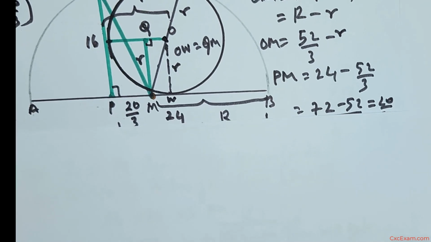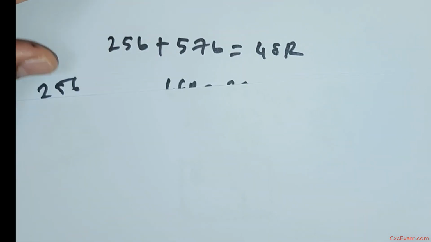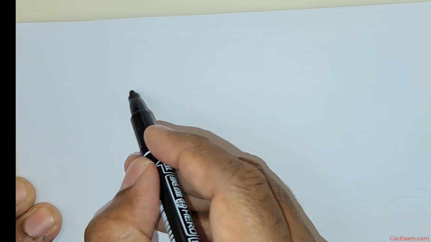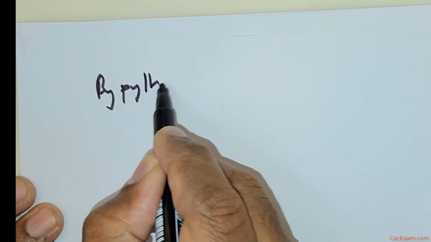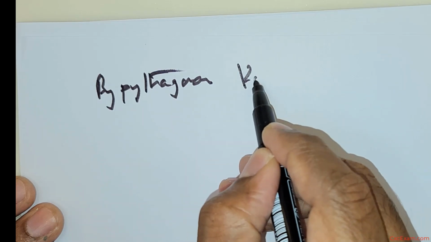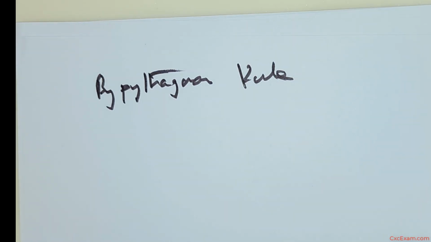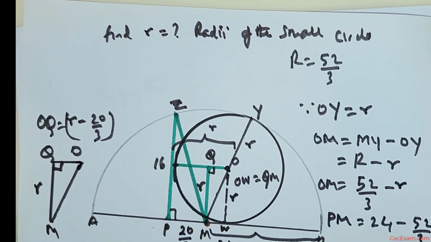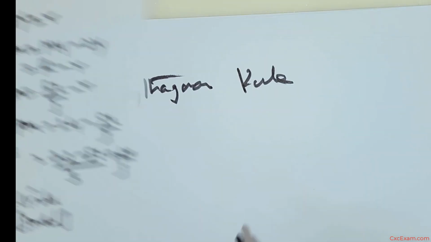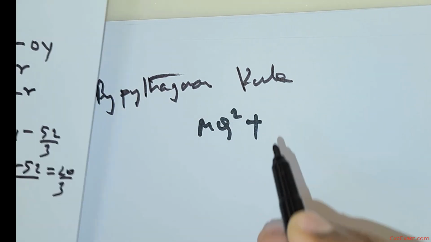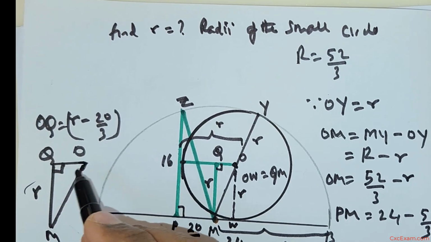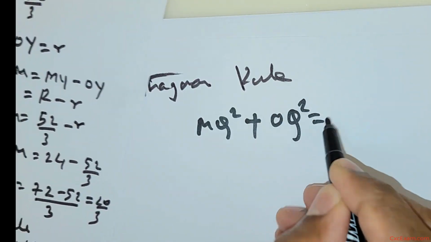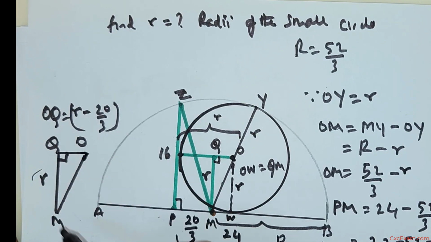And evaluate this. So by Pythagoras, so what do we have? By Pythagoras rule, so we have the following. So I'm going to take it as MQ squared plus OQ squared is equal to OM squared.